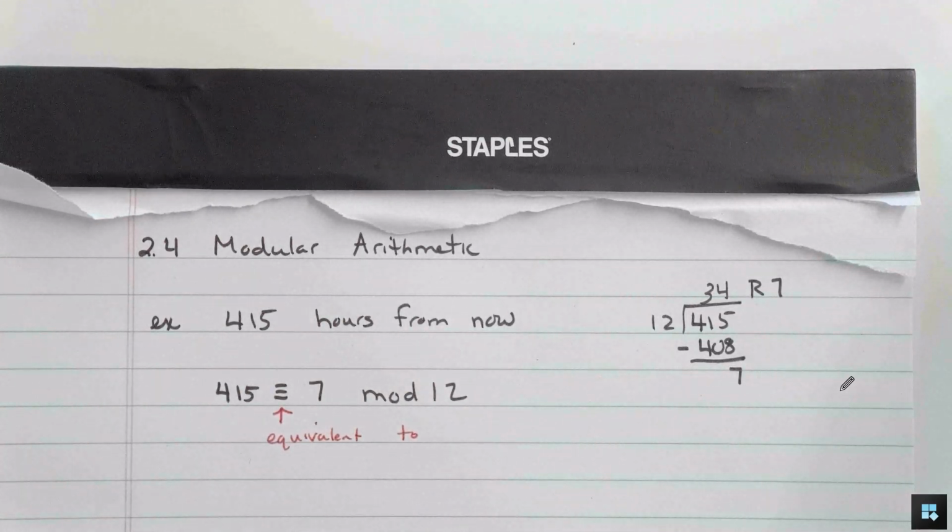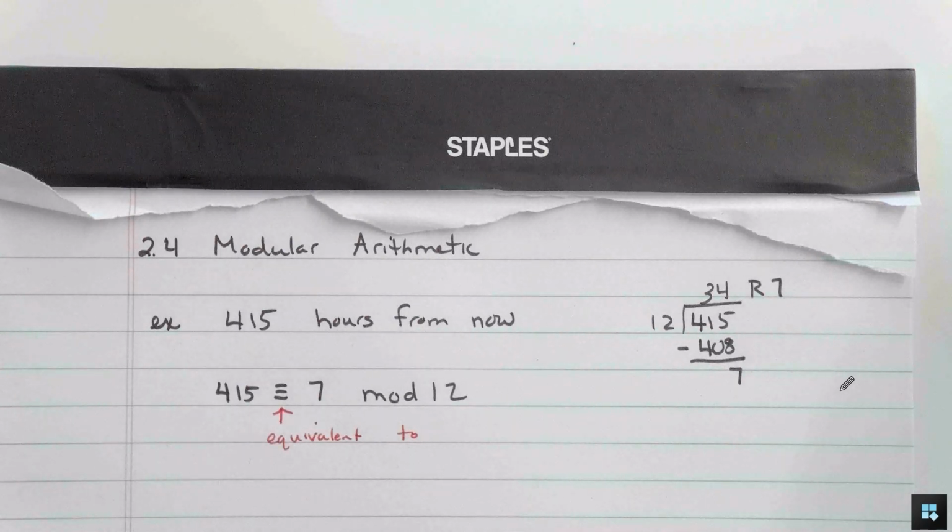So this clock arithmetic we've been working on is mod 12 arithmetic. It means we took out multiples of 12, and when we did that, we got 7. On the quiz, do we have to write 415 is equivalent to 7 mod 12?